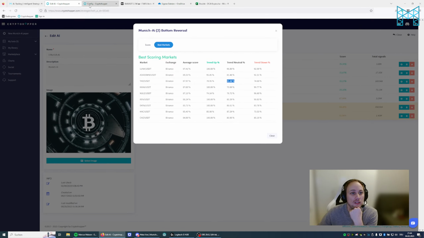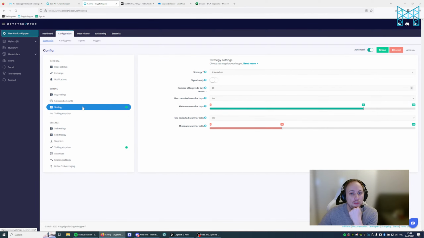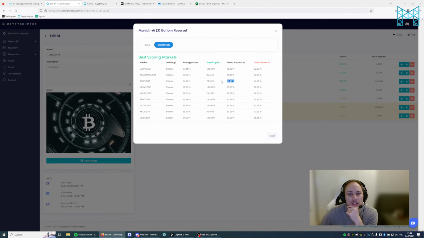So this means in our config and strategy, if you use the AI, then I say buy all the coins which give in this condition right now a buy score of at least 75. So if we're getting the situation for TKO, I think we're in a neutral trend right now, and this is a 93 success rate, then this coin sends a buy signal.